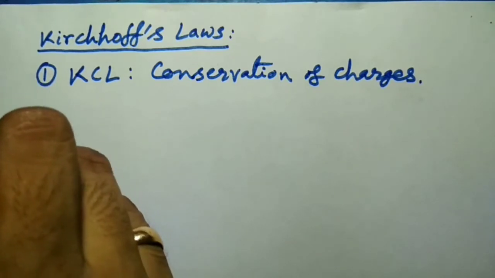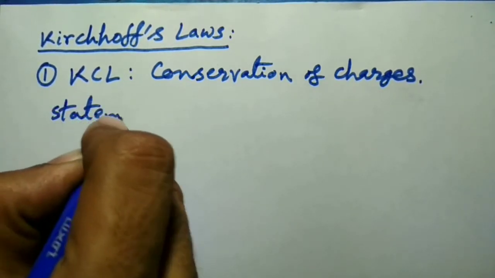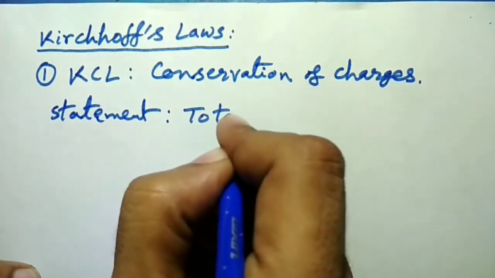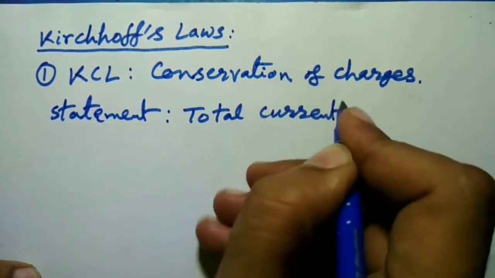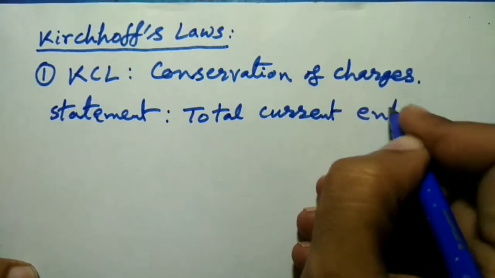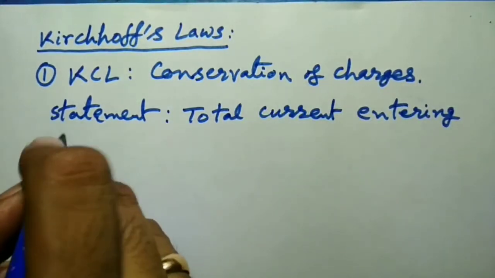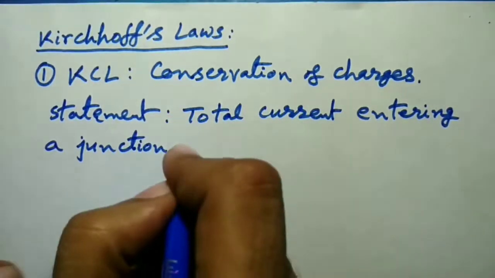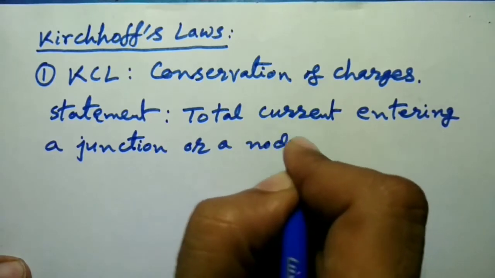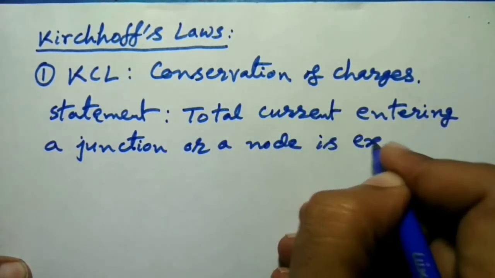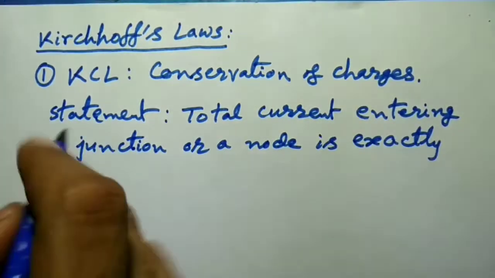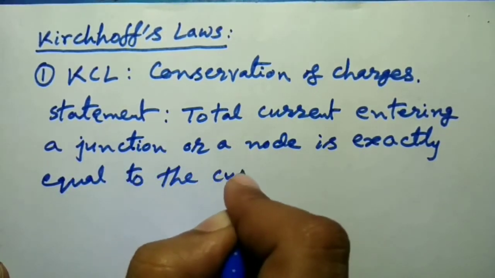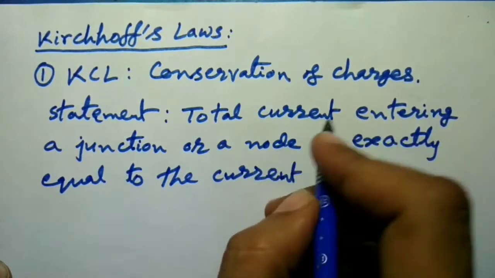If we want to write the statement, it states that the total current entering a junction or a node is exactly equal to the current leaving the node.